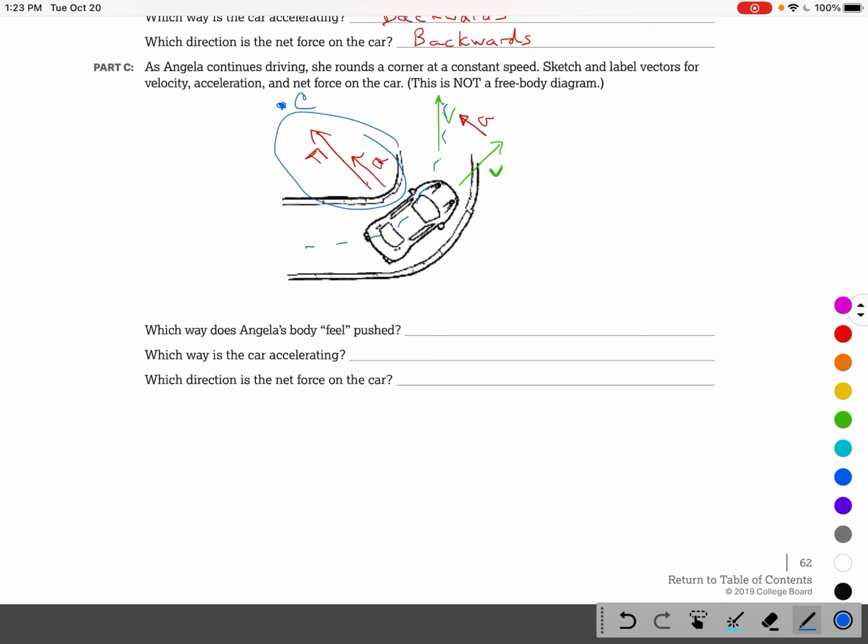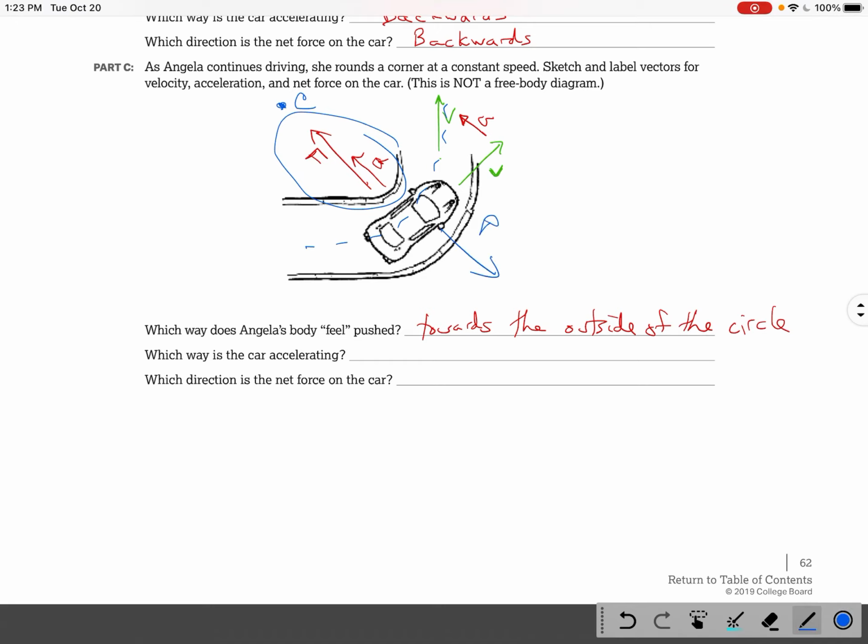So what do we feel as we're going around that left-hand curve? We feel like we're being pushed toward the outside of the circle. So we have this strange feeling of being pushed to the outside of the circle.